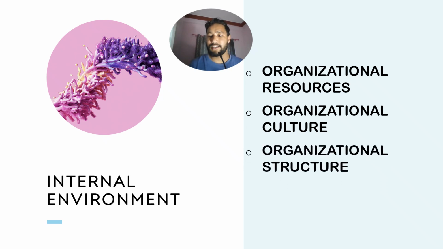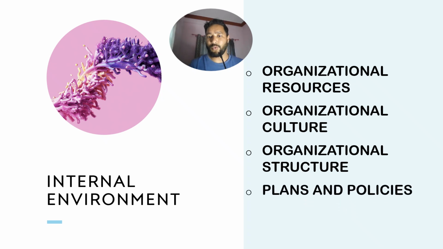Similarly, organizational structure. How the authority relationship within the organization is conducted is related with internal environment. We can also say that it is the chain of command. Who will report to whom? Who will take the responsibility? Who will take the accountability? All those relationships are defined under organizational structure.